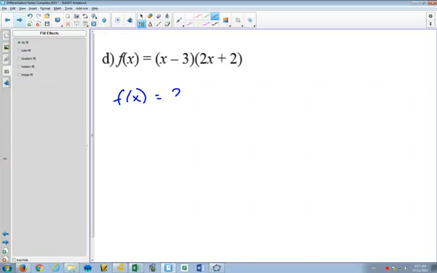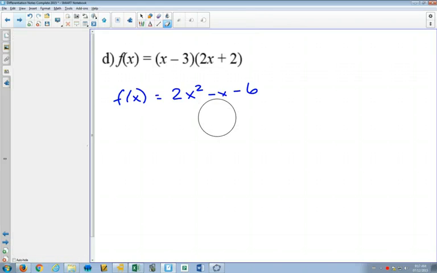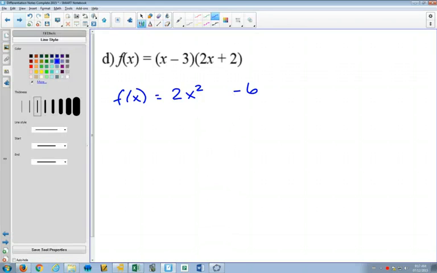If we did that, minus 4x minus 6, yes. If we multiplied it out, we change it to look like something we can work with, and now we can take the derivative.